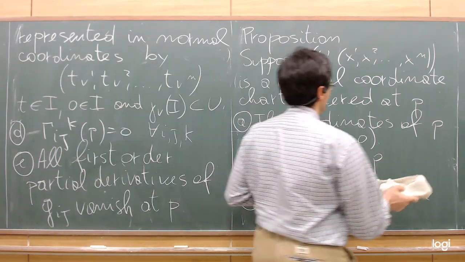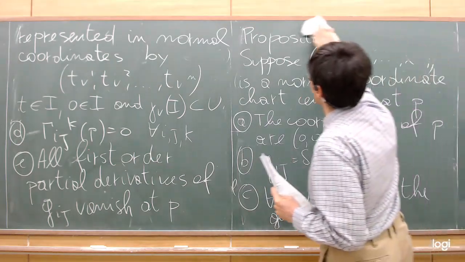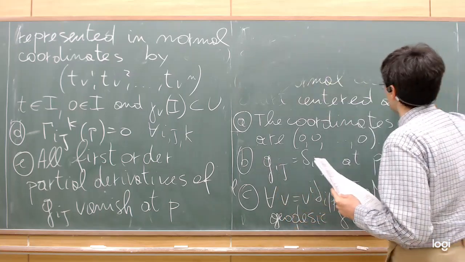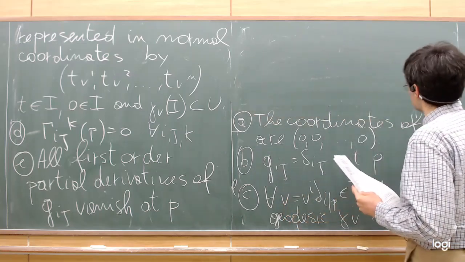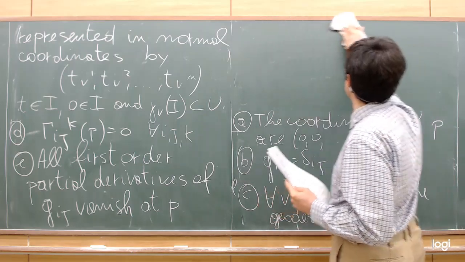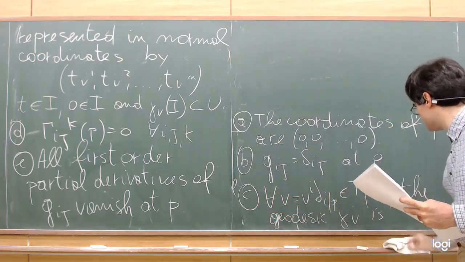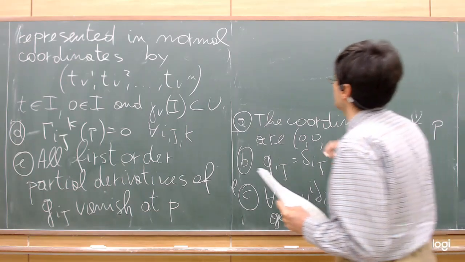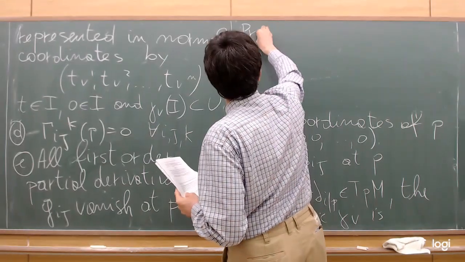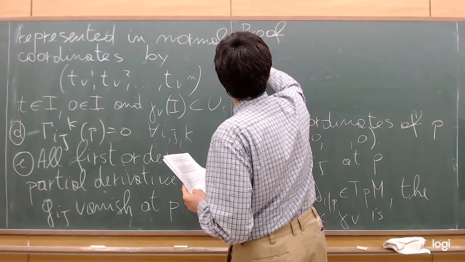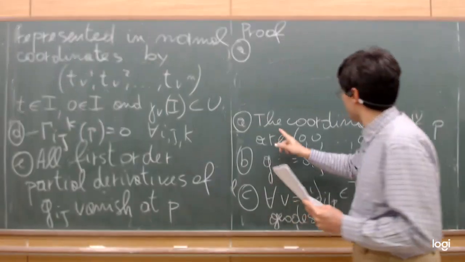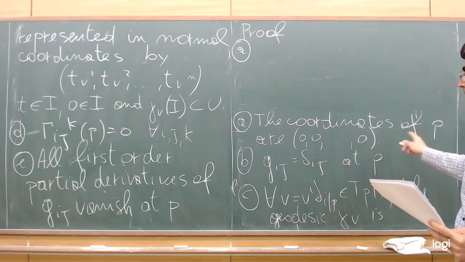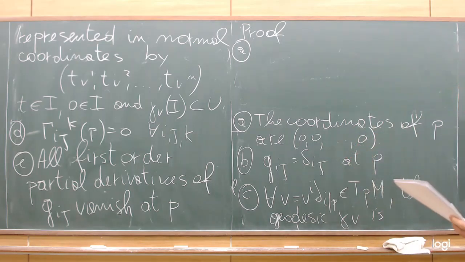Okay, let's prove this proposition. So statement A says that the coordinates of P are 0, 0, 0.